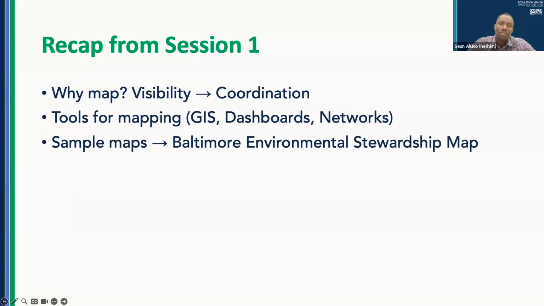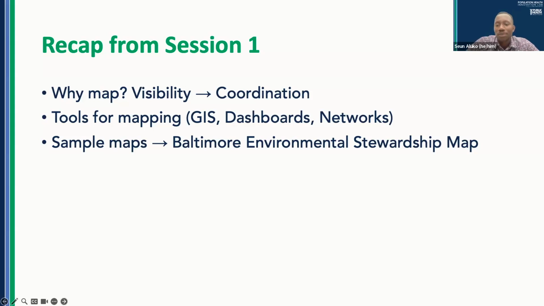We also talked about different tools such as GIS, Google Maps, data dashboards, and different network mapping software, and how different tools can help you answer different kinds of questions. We also looked at a simple network map based out of Baltimore on environmental stewardship, and we got to play around with that map to see how different organizations defined environmental stewardship and how that related to the kinds of projects they were associated with.